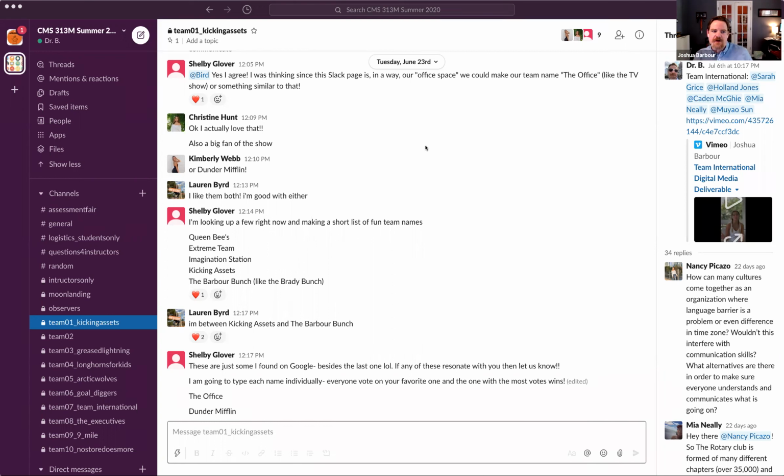Another reason that we use Slack is that for most of our students, this is a platform that they will see at work, or that if not this one, then one like it.